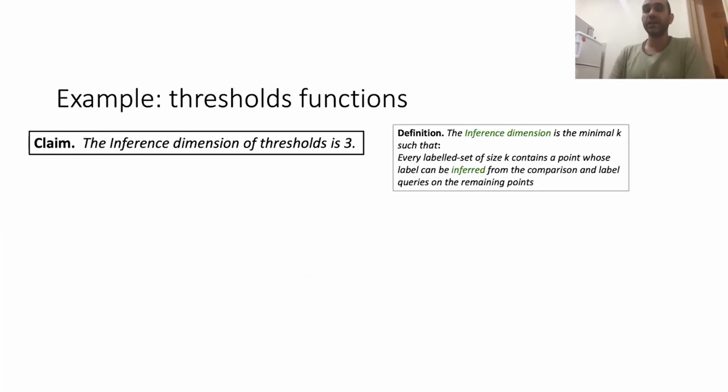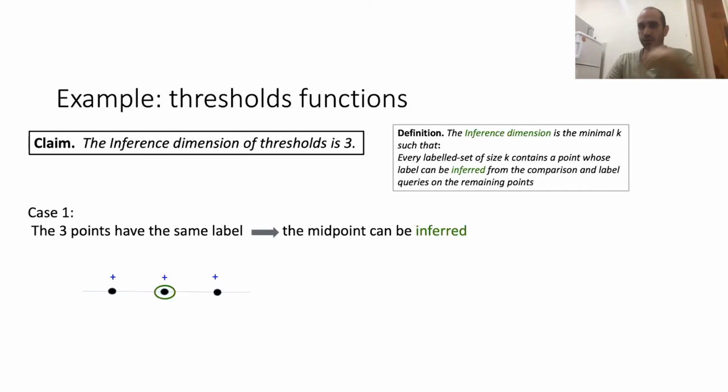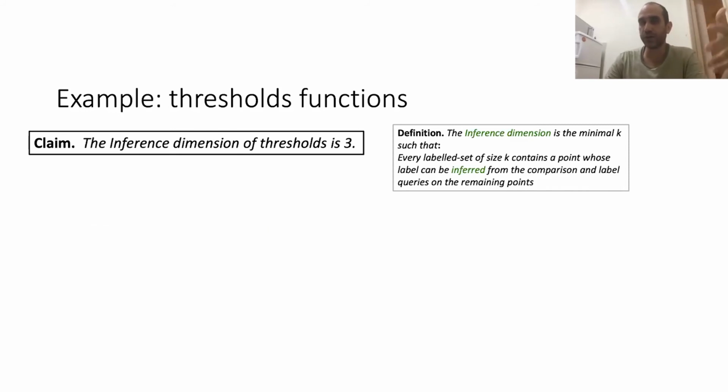So I claim that the inference dimension of thresholds over the real line is 3. For the upper bound, I need to show you that whenever you give me 3 labeled points, there exists some point, one of the 3 points, whose label can be inferred from the queries on the other 2.